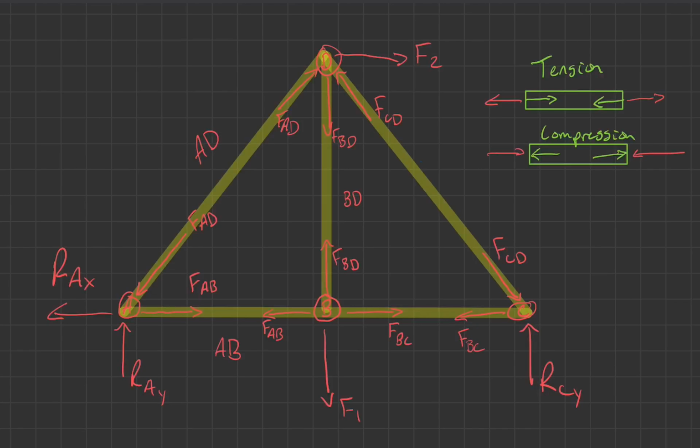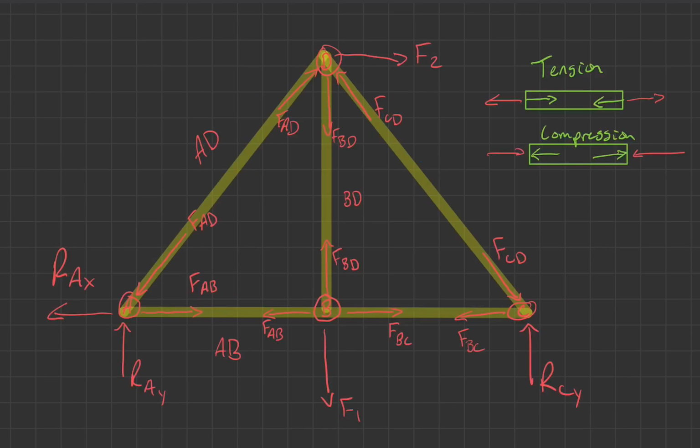Okay, so I know that can be kind of confusing, but basically we've just got to figure out what we think is in compression and what we think is in tension. Alternatively, you could just draw everything in tension or everything in compression, and then if you get negative answers, know that you drew those wrong, and then you can fix them. Okay, so now what we're going to do is take every joint here and analyze it as its own free body diagram.